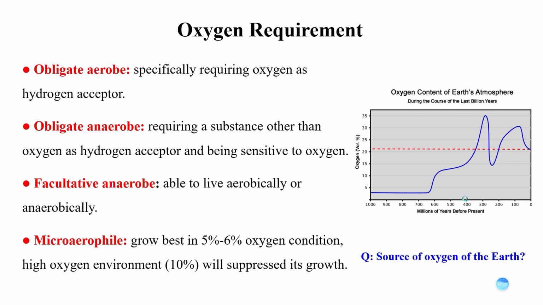Because of evolution, when there is photosynthesis, there is production of oxygen. Before photosynthesis, it stays very low. When there is photosynthesis, the green bacteria, plants, and other algae produce more and more oxygen. So we accumulate more and more oxygen in the air. So now we have 21%.